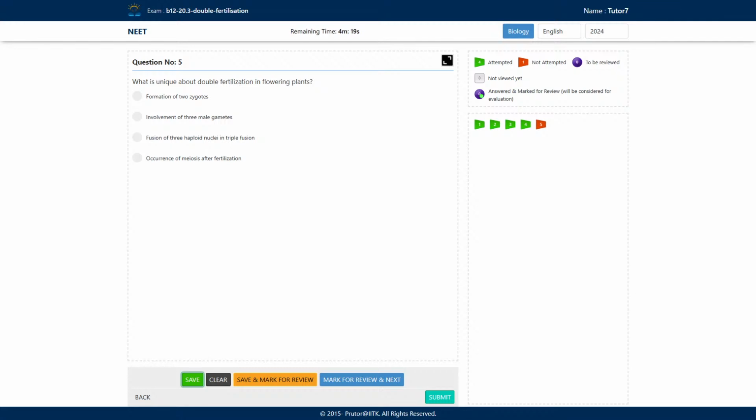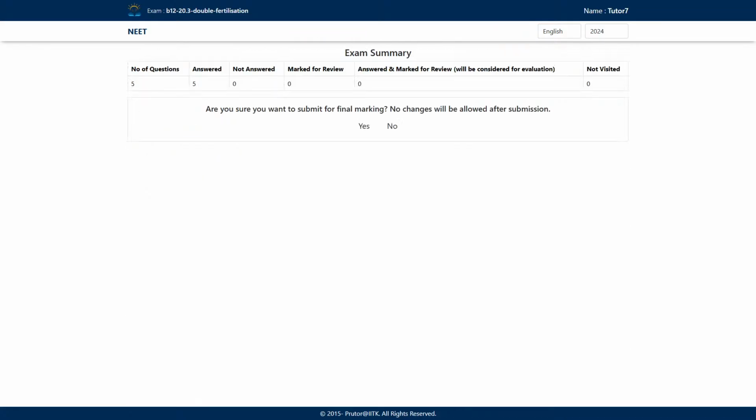Fusion of three haploid nuclei in the triple fusion is the unique feature of the flowering plant, and it is a part of double fertilization. So we will opt for option 3, save it, and submit our test.